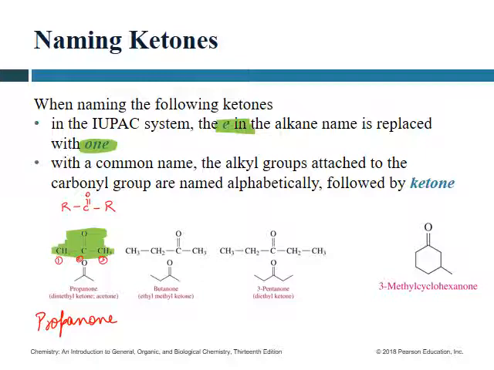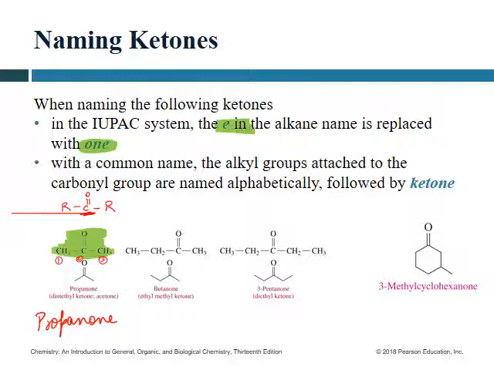For a ketone, the C double bond O will always be somewhere in the middle. As long as this is carbon number 2, I'm okay, because it can never be carbon number 1. It can only be carbon number 2 at least. So as long as it is 2, you don't have to tell me the number. I understand that this is carbon number 2.